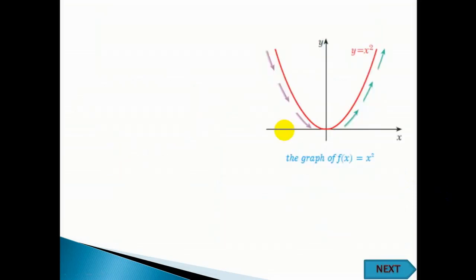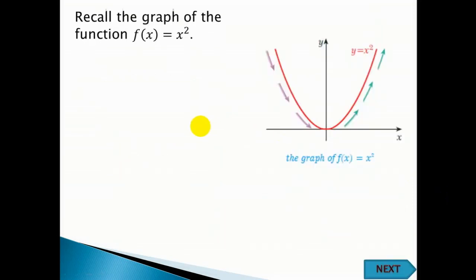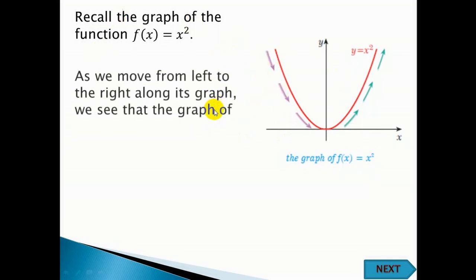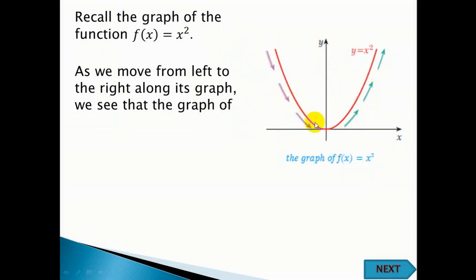So let's try to have the graph. We recall this graph of the function is x squared. As we move from the left to the right along this graph, the graph of f falls for x less than 0, and then f rises for x more than 0.